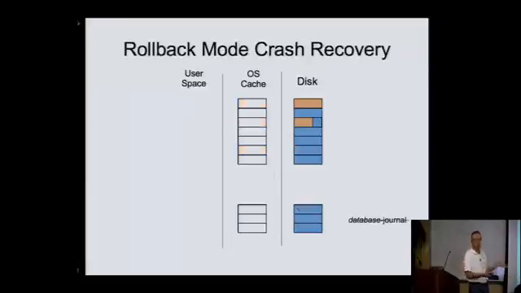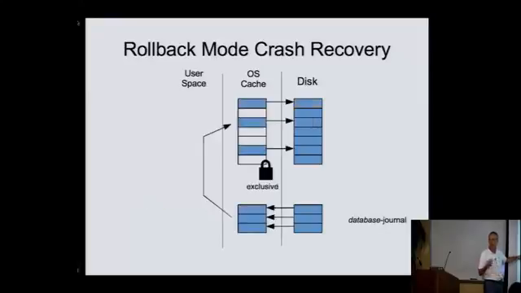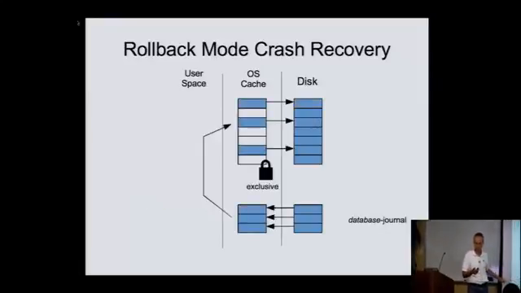Before this point, if we lose power, the rollback journal is always sitting there. So here we've lost power, and in the middle of writing to the database file, we didn't get the complete write done. Now power's been restored, and we're coming back up, and somebody gets ready to read. And they get the shared lock, and they immediately notice, oh, we've got a hot journal over here. It's a journal that didn't get processed correctly.